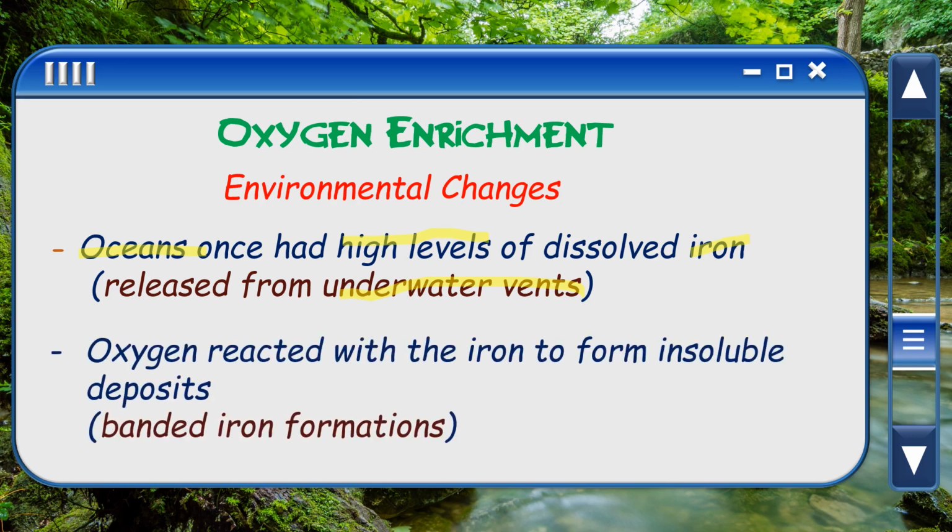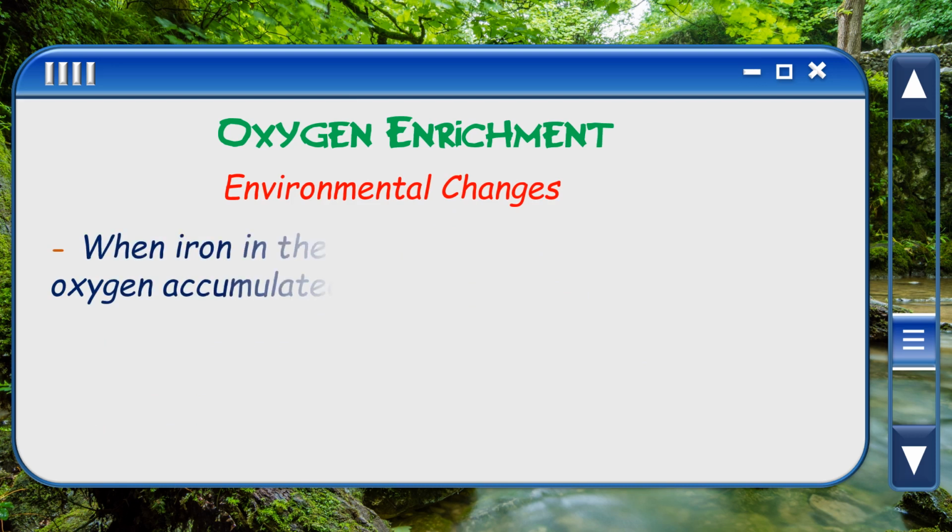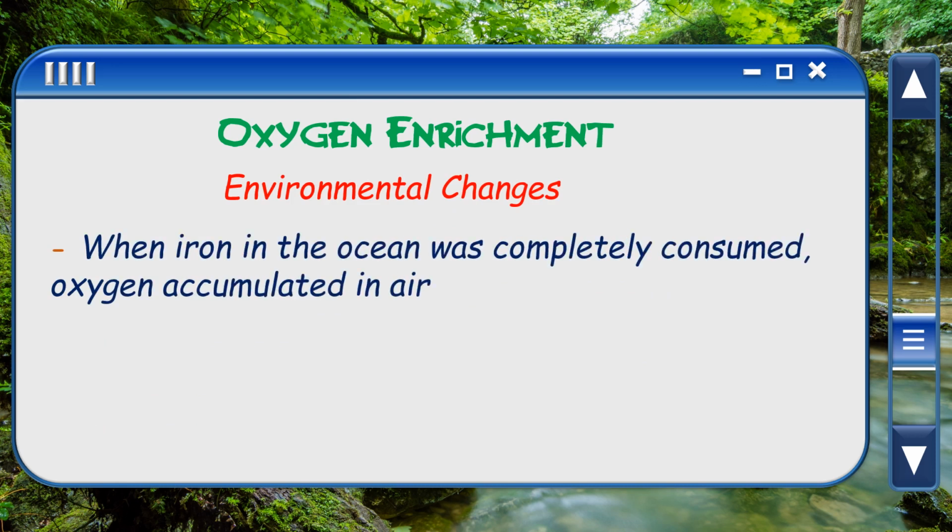Oxygen started reacting with iron and forming insoluble deposits, which are the banded iron formation. Now, when the iron in the ocean was completely consumed, oxygen started accumulating in the air.